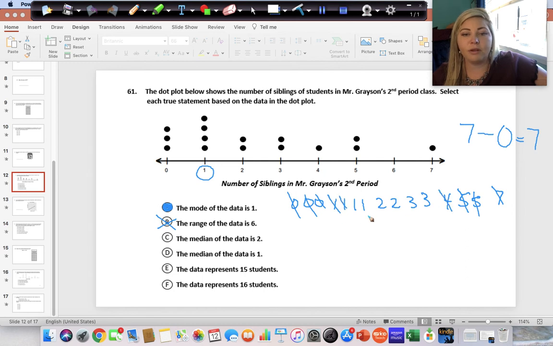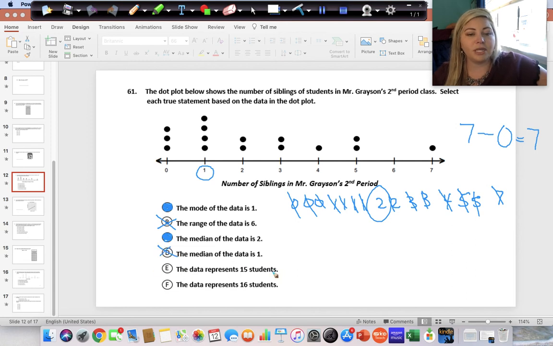So to find the middle number, I'm starting on each end, and I'm crossing off until I get to the middle. 1, 2, 3, 4, 5, 6, 7. 1, 2, 3, 4, 5, 6, 7. So my median is 2. That's correct. So then the next one is incorrect because it says the median of the data is 1.